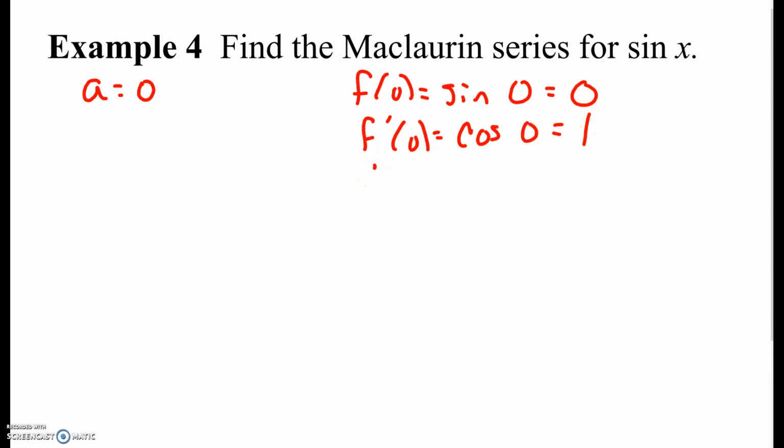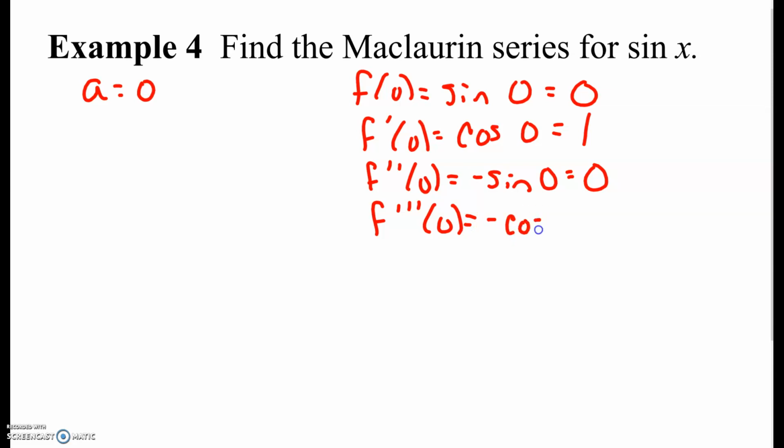Cosine at 0 is 1. F double prime at 0 is negative sine at 0, which is still 0. The third derivative of f at 0 is the opposite of cosine at 0, which is negative 1. And when we get to the fourth derivative, we're back to sine of 0, which is equal to 0, and the pattern repeats.